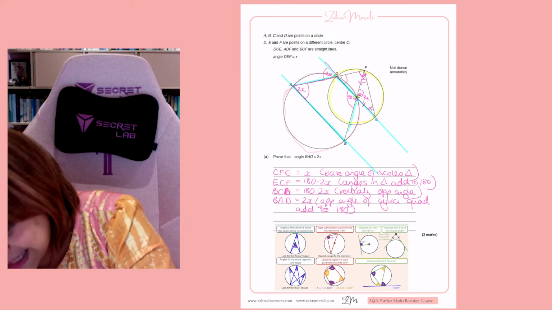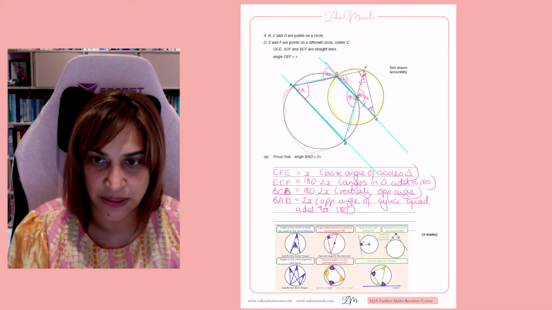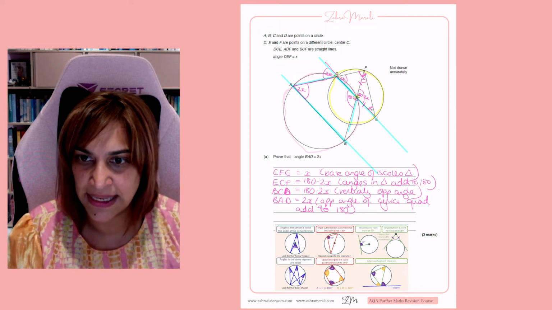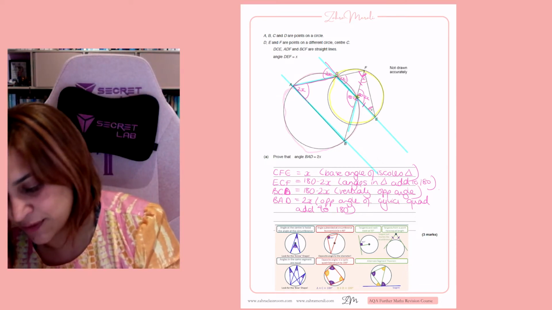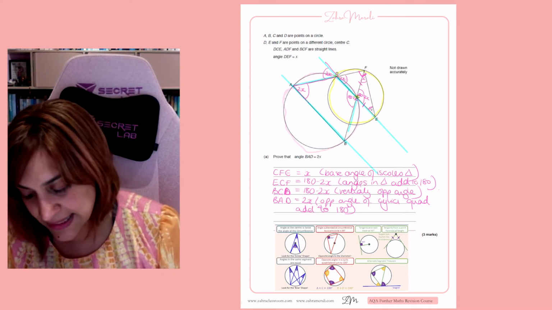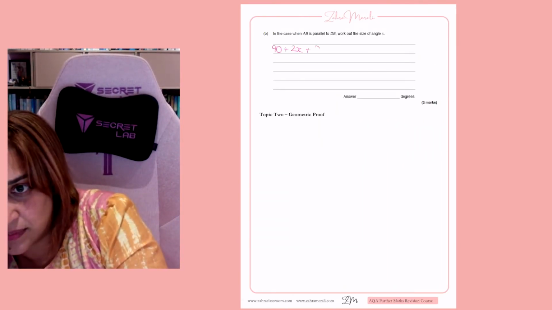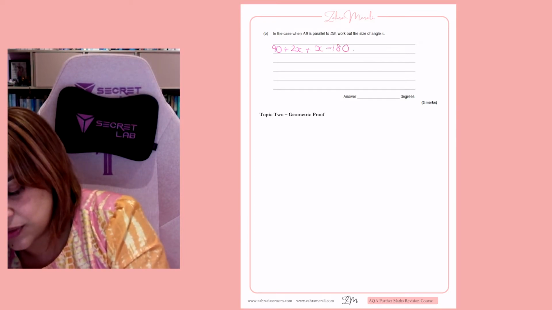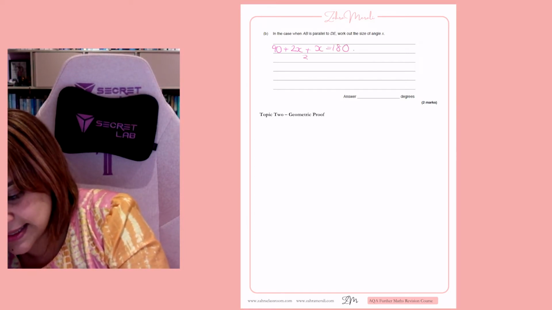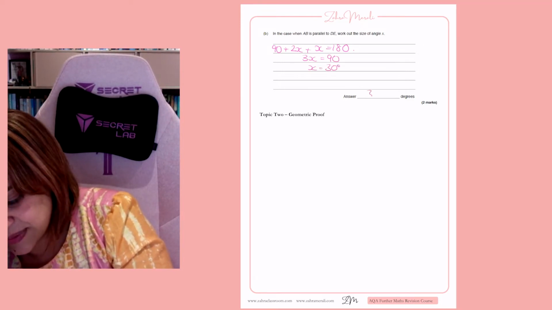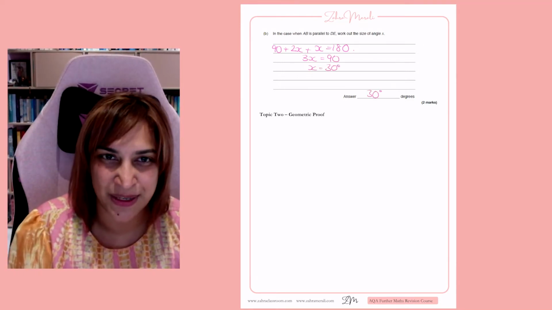So that tells me that's also going to be 2x. So what I'm going to end up with there is 90 plus 2x plus x must equal 180. So then we're going to end up with 3x equals 90, so x equals 30 degrees. Right, so I hope that makes a bit of sense.